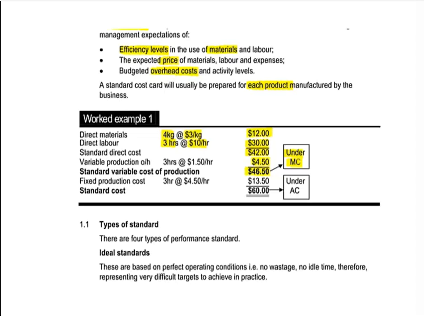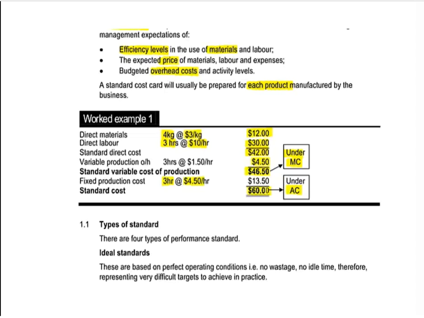However, if we're looking at absorption costing, remember with absorption costing, we're looking at the full production cost, which means we need to add in some fixed overheads. And here we're absorbing fixed overheads at the rate of $4.50 per hour, and it appears to be based on labour hours. So that takes the standard cost under absorption costing to $60.